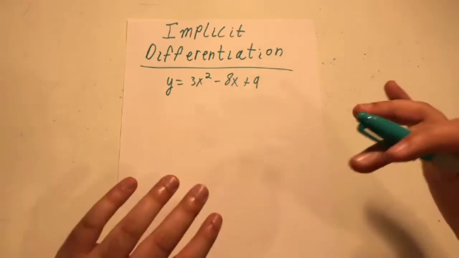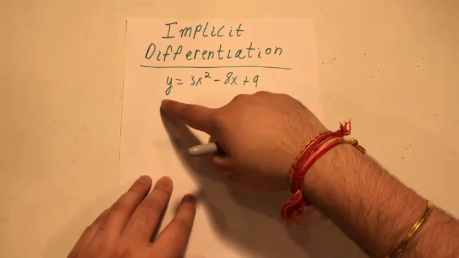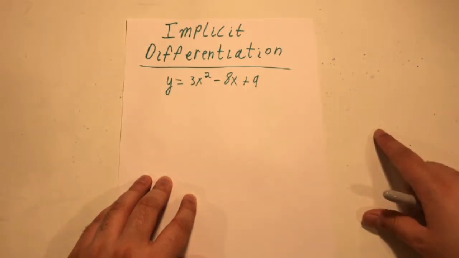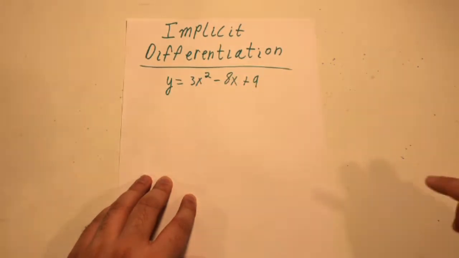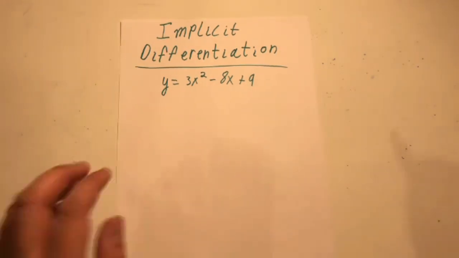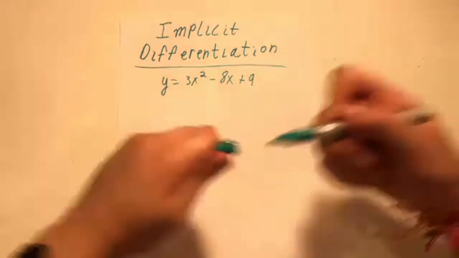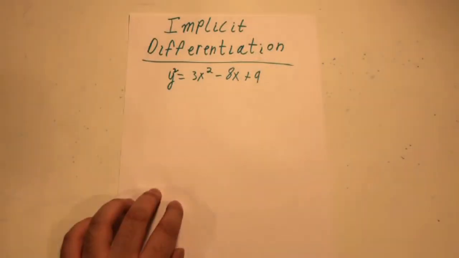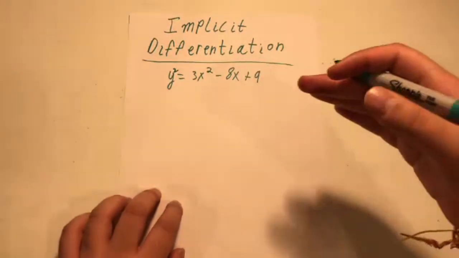At this point, it should be fairly simple for you to actually differentiate something like this: y equals 3x squared minus 8x plus 9. Even something like this, if I were to just add an exponent here, you could still figure out.